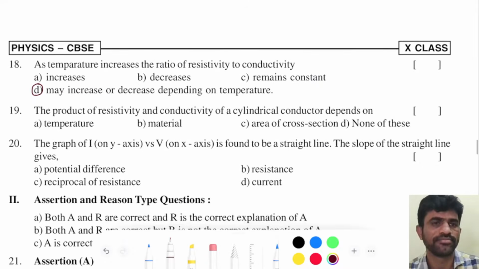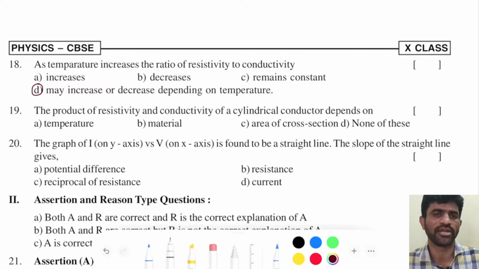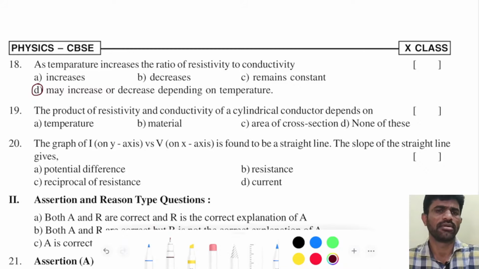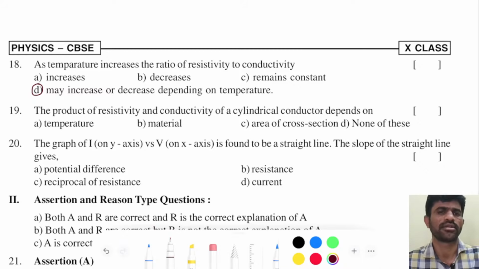Question number 19. The product of resistivity and conductivity of a cylindrical conductor depends on... resistivity and conductivity both depend on temperature and material.